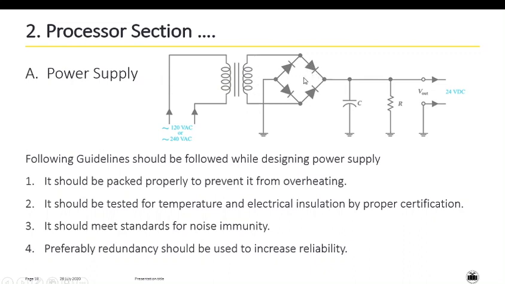There is a bridge rectifier. In the positive half cycle, two diodes, and in the negative half cycle, the other two diodes will work. This is the rectifier section. Then the rectified voltage is converted into unregulated voltage by using a capacitor, and then by using a regulator IC you can get the output voltage. This will be the regulated DC voltage.